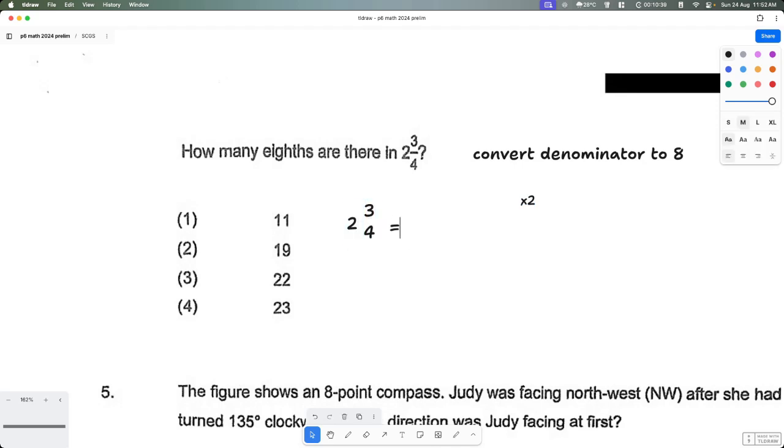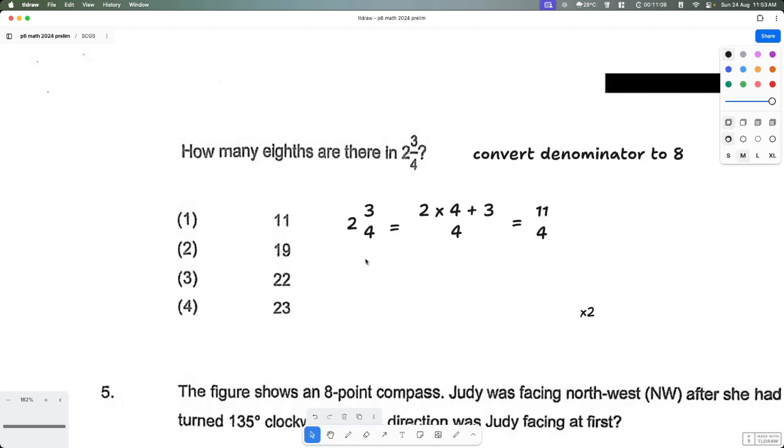So this would then become 2 times 4 plus 3 over 4. 2 times 4 is 8, plus 3 is 11. So this will then become 11 out of 4.